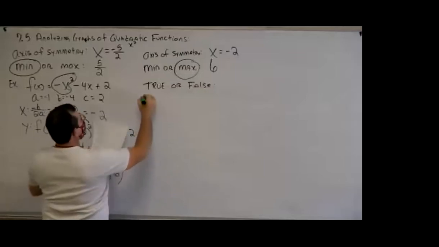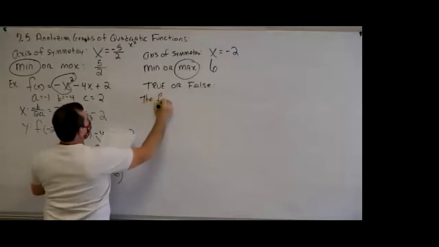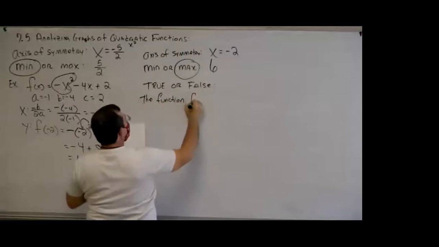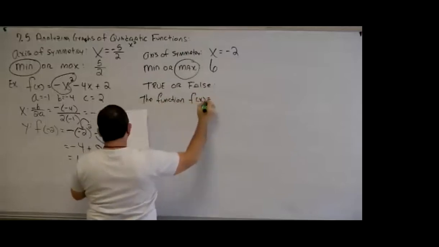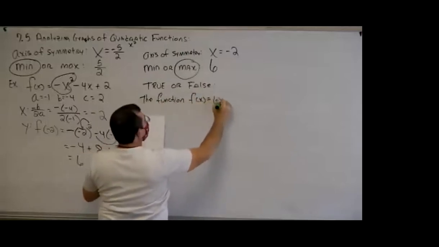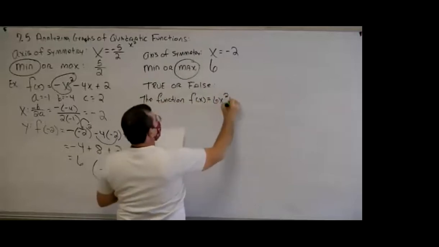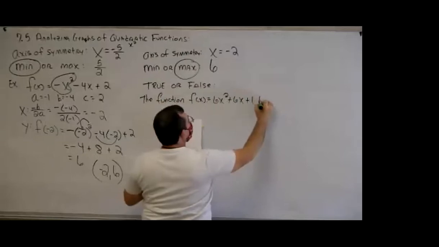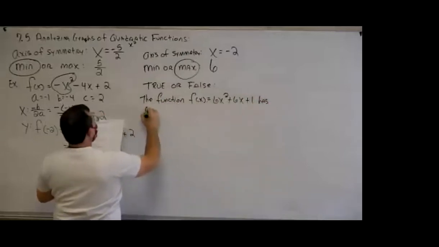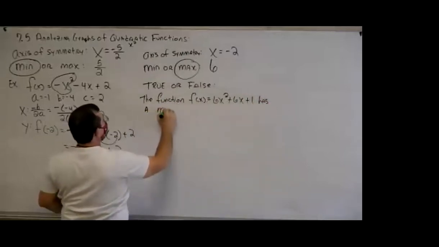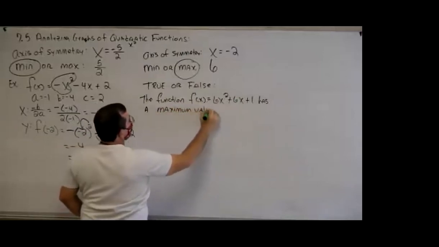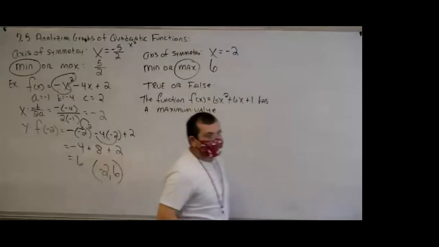The function f of x equals 6x squared plus 6x plus 1 has a maximum value. Y'all, is that true or false?